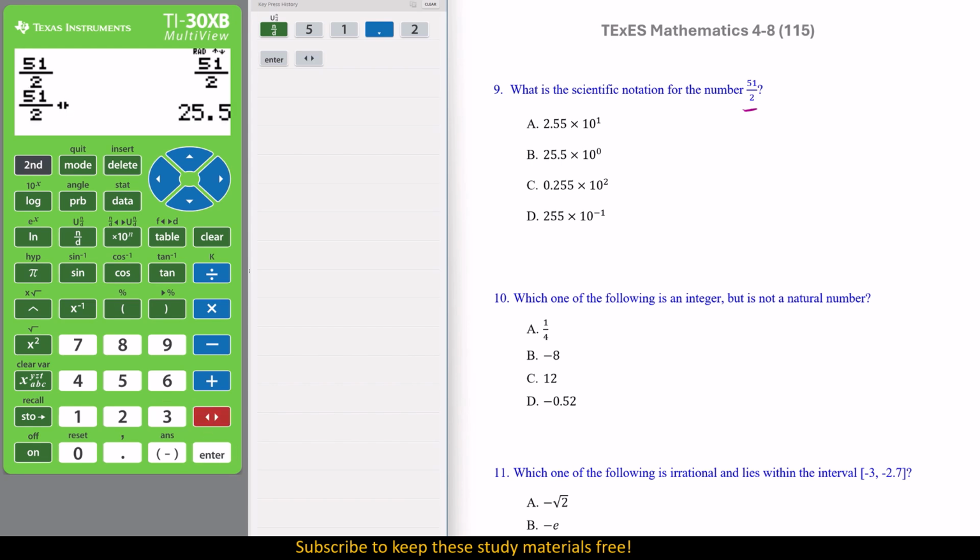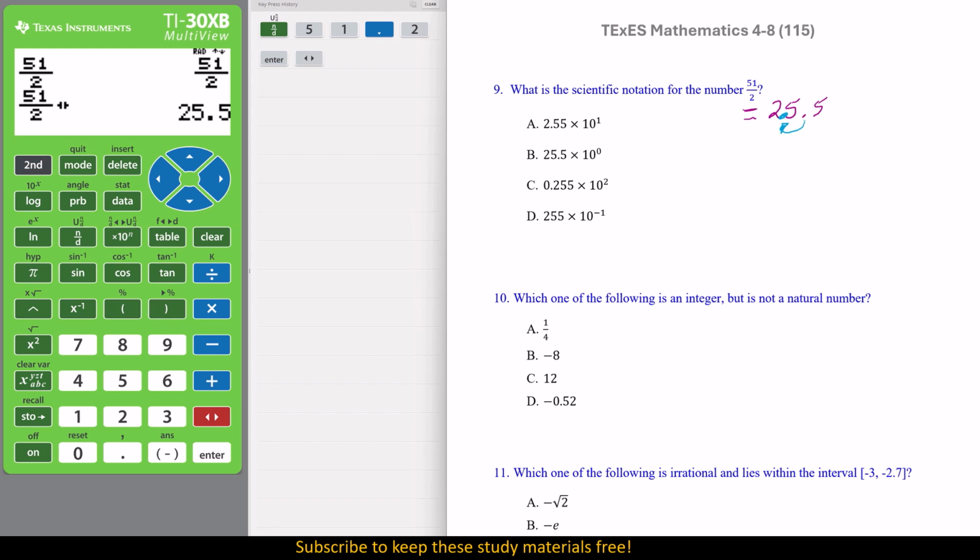So this actually equals 25.5. However, for this to be valid scientific notation, I need to move one space, and the decimal point needs to go after the 2.